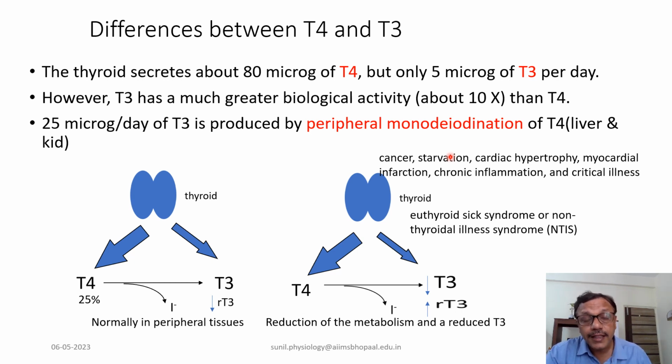We want their metabolic rate to be decreased. This can only be accomplished when there is a decreased amount of T3. So this is the physiological basis of the altered amount of thyroid hormone in non-thyroidal illness syndrome, or sick euthyroid syndrome.